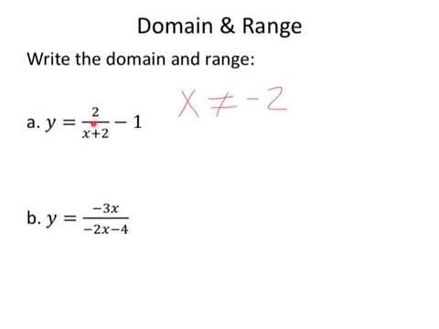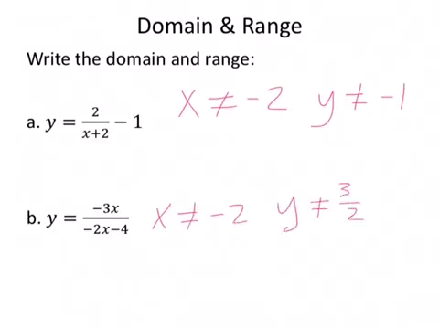For the range, y can't be -1. Okay, and for the b part, once again, and this comes from our previous problem, x can't be negative 2, and y can't be 3 over 2. That's the easiest way to just take a single number out of a domain or range.